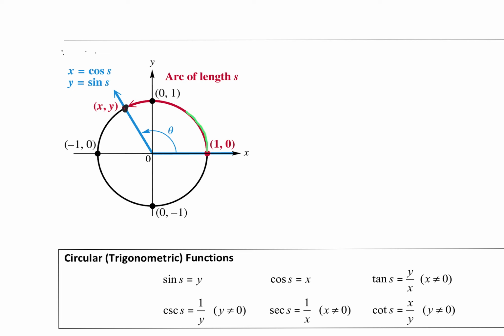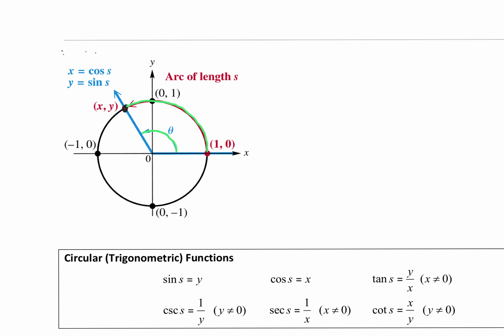So in this case, we have our arc length. Remember, our arc length was s, and then it also corresponds to some angle theta. In the case where you're looking at the unit circle, which is what we're looking for, the arc length and theta are going to have the same measurements.